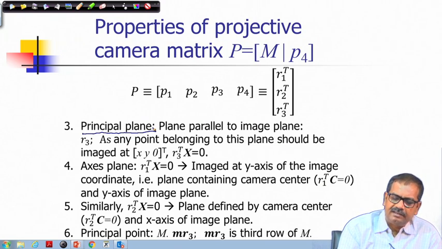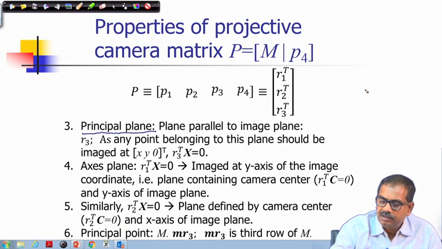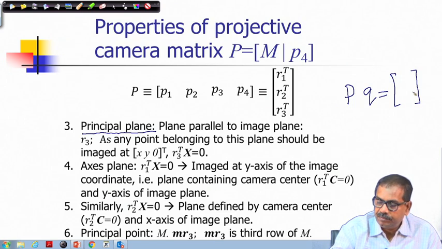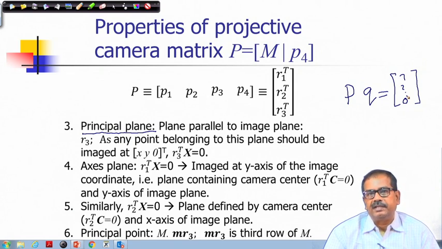Which means that the scaling dimension in the homogeneous coordinate representation for the image point should always be equal to 0. So, if I consider any point, say q, which lies on the principal plane, and multiply that point with this projection matrix, you will get an image point. You do not know what the first two coordinates are, but surely in the third place, in the scaling dimension, you will get 0.